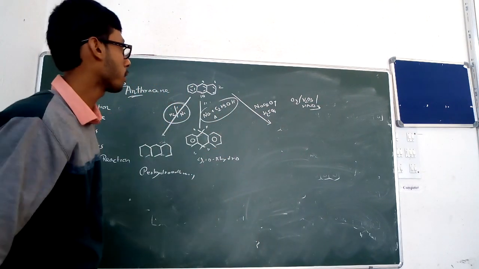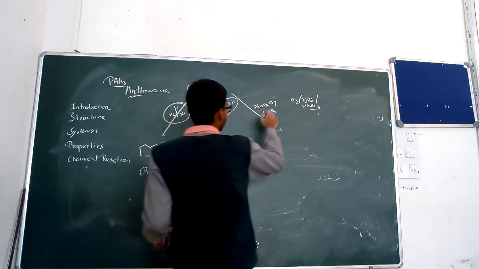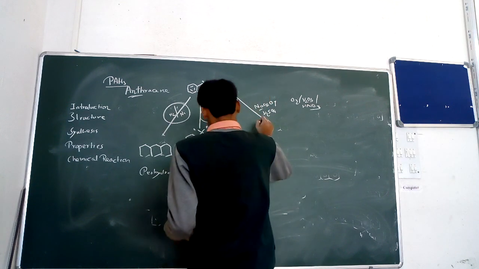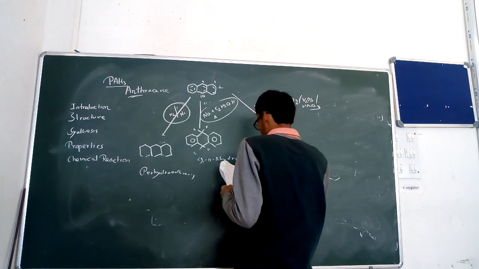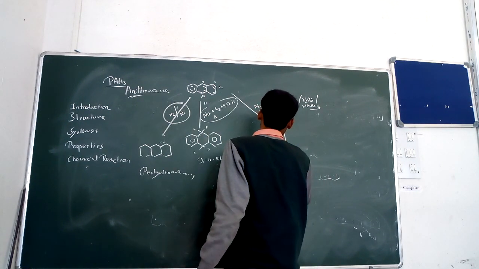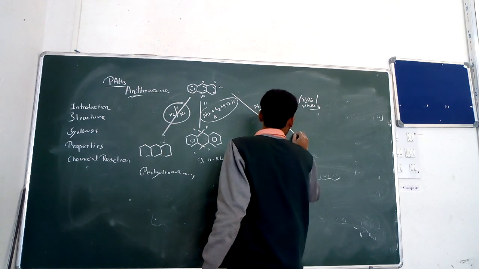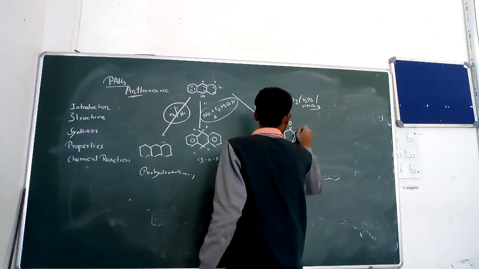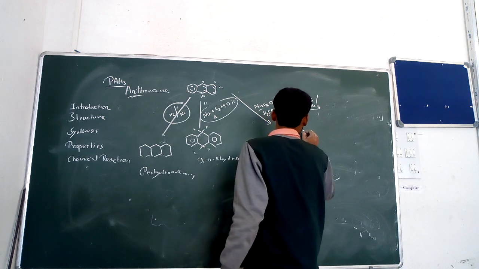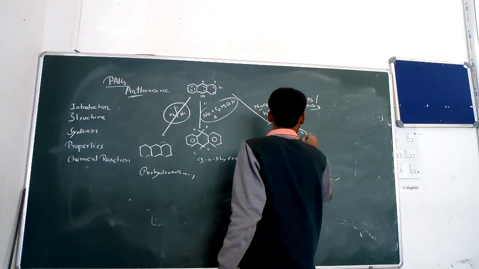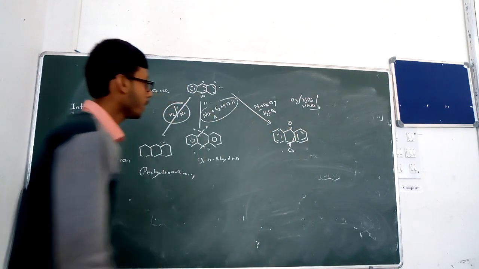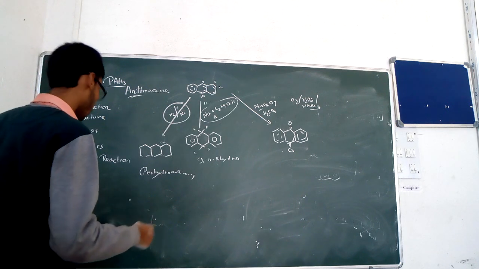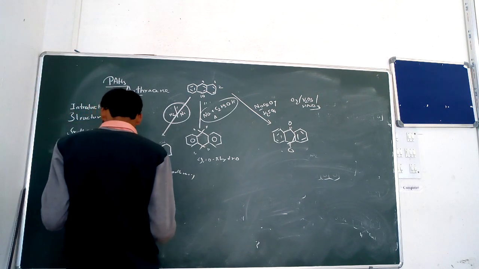It is oxidized and produces 9,10 anthraquinone. We already studied the structure of the anthraquinone, which contains carbonyl groups at the 9 and 10 positions. And the remaining reaction is the Diels-Alder reaction.